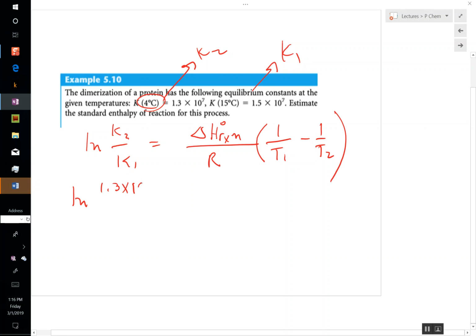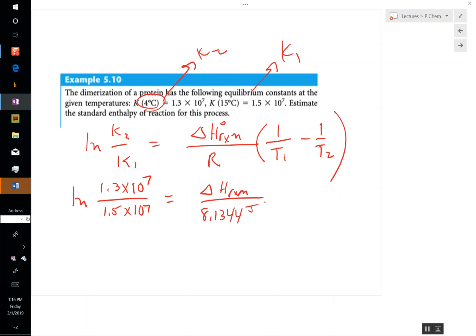So just crunch through this. And we should use 8.314 for R. Then the delta H of reaction is going to come out in joules.